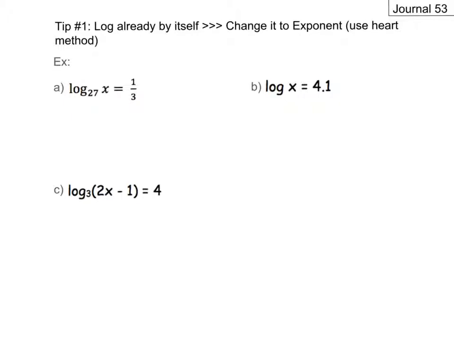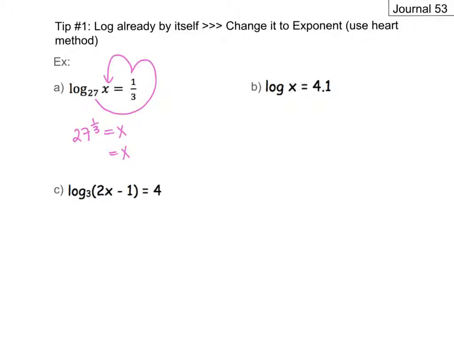So with part A, I'm going to start with the base, go to the fraction, then the x. So this is 27 to the 1/3 equals x. Now you can do this in the calculator if you know where the power button is. It's that upside down V-shaped button under the clear button.